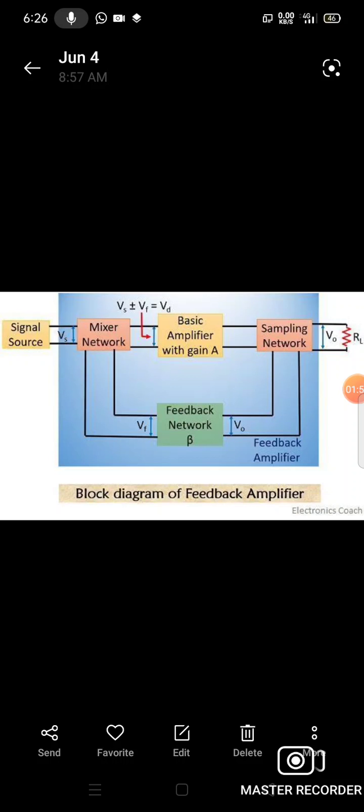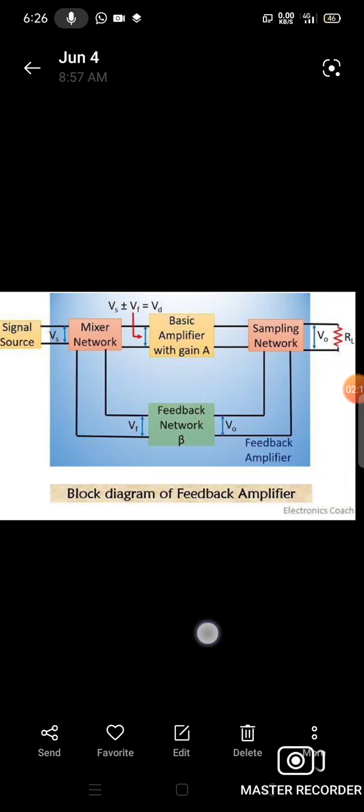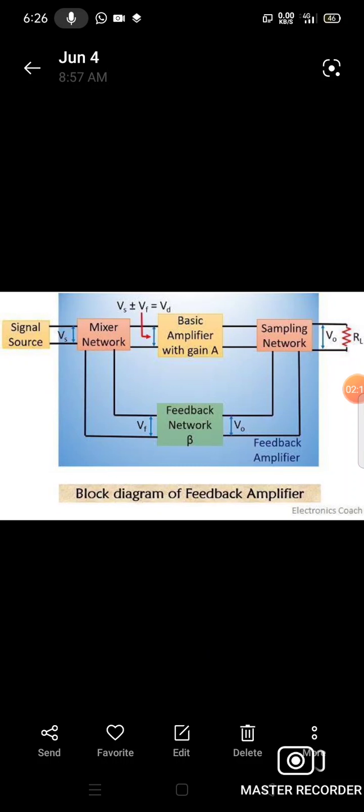Next, that Vd is applied to the amplifier input, that is the basic amplifier with gain A. The amplifier output is considered, that is voltage V0. V0 is taken by the sampling network, which samples the voltage connected to the output across the load resistor RL.